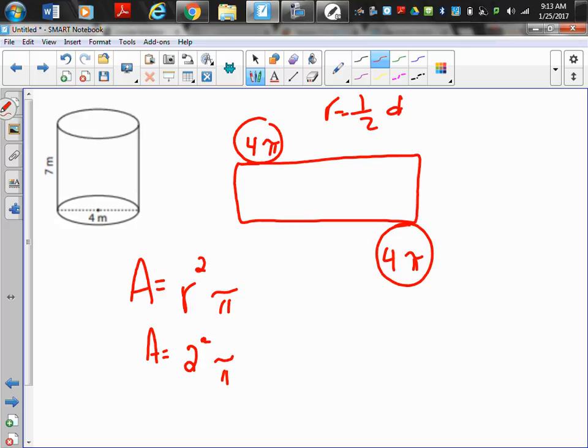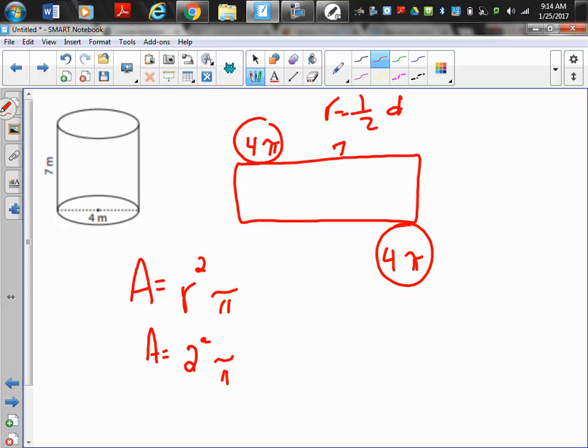Now, how are we going to find this? What are my lengths on my rectangle? Corey. How tall is it? So we know one side is 7. We know that's how tall it is. Well, how wide is it? 4.